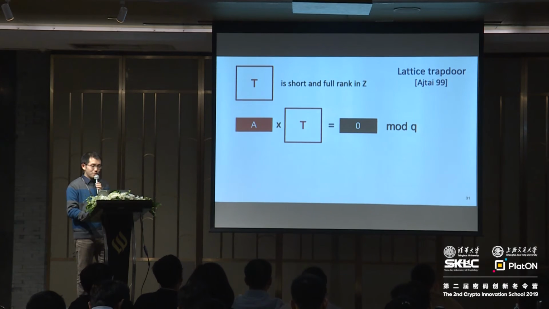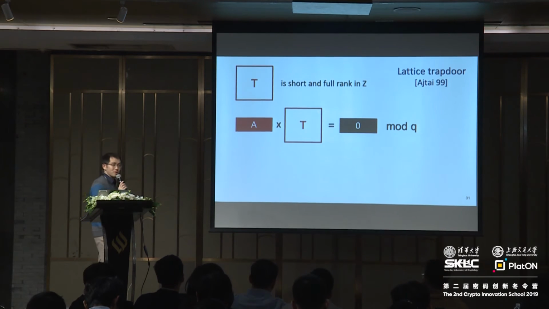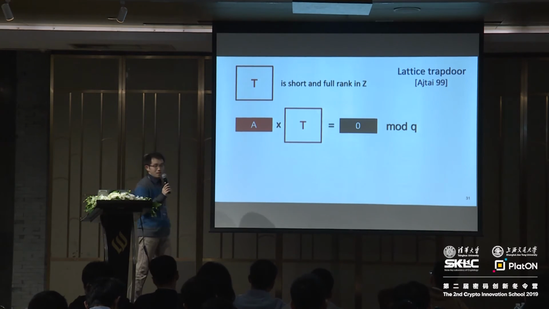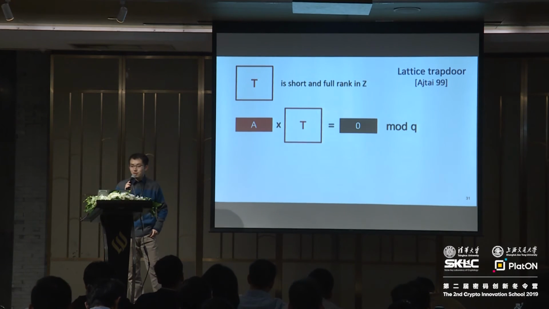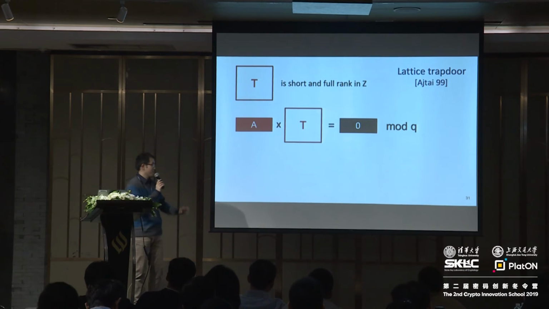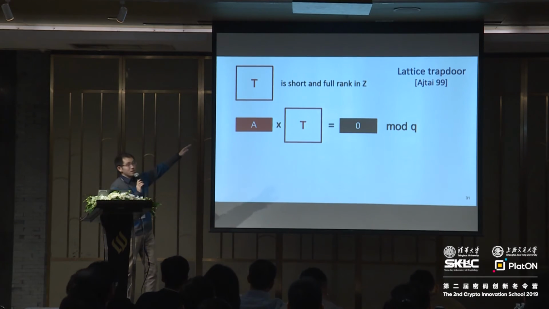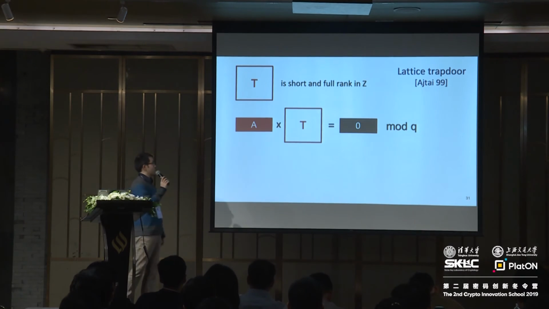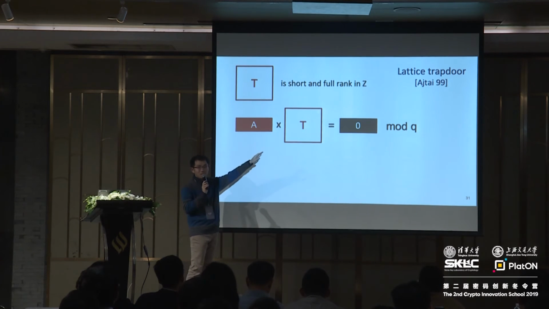So let me first give you the first construction of the lattice trapdoor, which is given by Ajtai in 99. So this is a classical paper. If you have a full-rank matrix, which is full-rank over the integers, not mod q, that satisfies the following relation, that A times T equals 0.